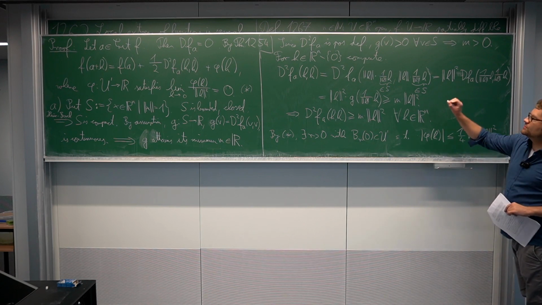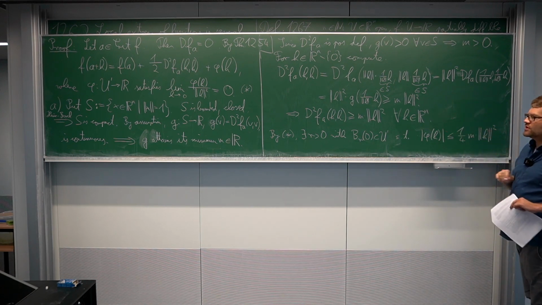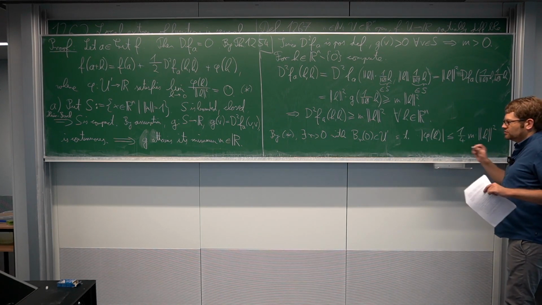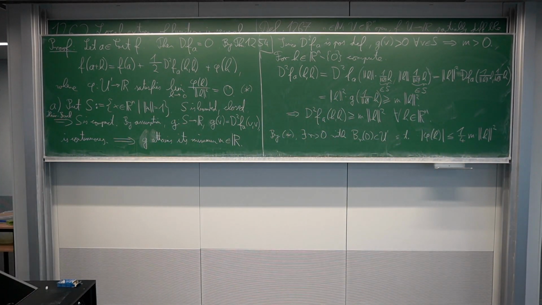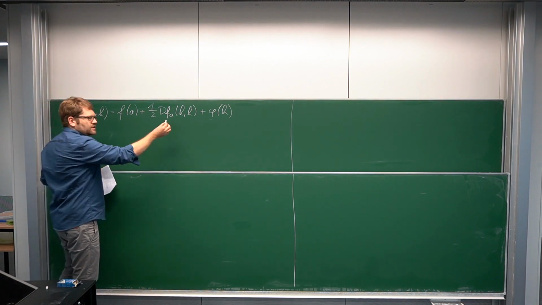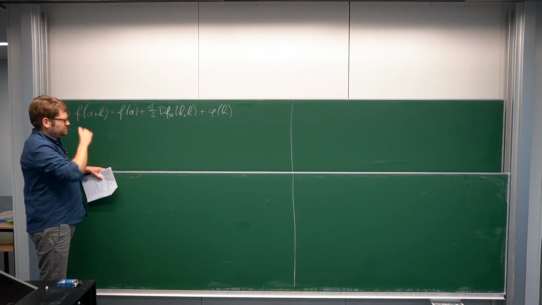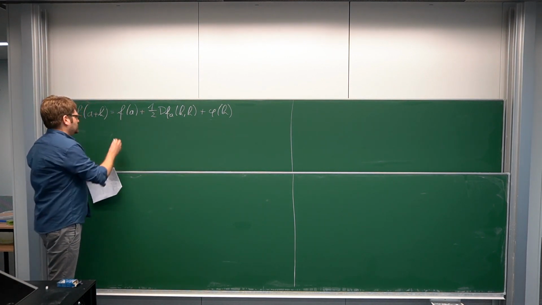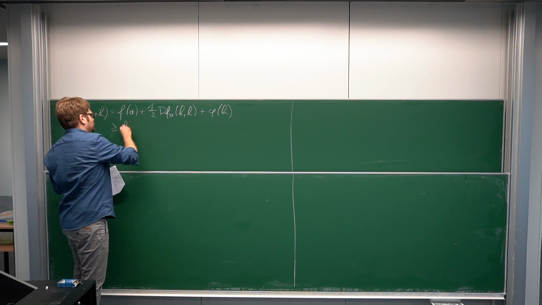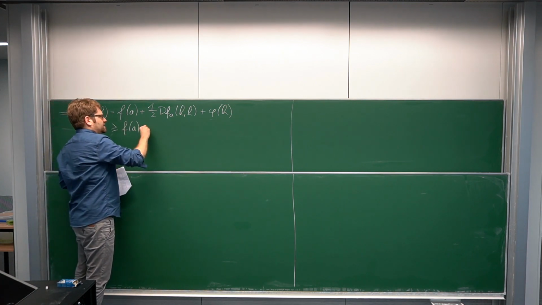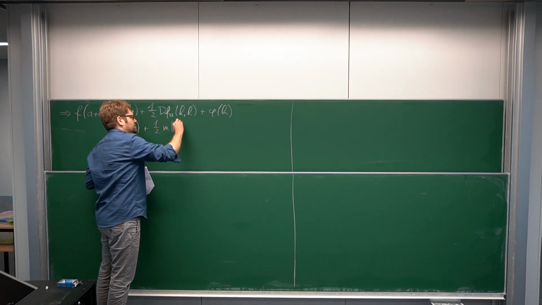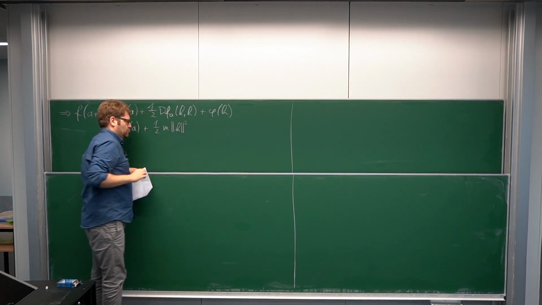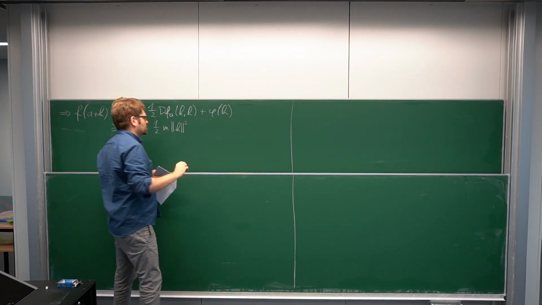Now, if we just put together this and this, then we have already done it. But for this point, I need to erase, and then we'll conclude the proof of that part. This was the equation we had derived from Taylor's theorem. So if we now insert the estimates that we had, we can see that this is bigger than or equal to f of A plus, and here we had 1/2, and now we have M times the norm of H squared, where M was this minimum of this function G again.